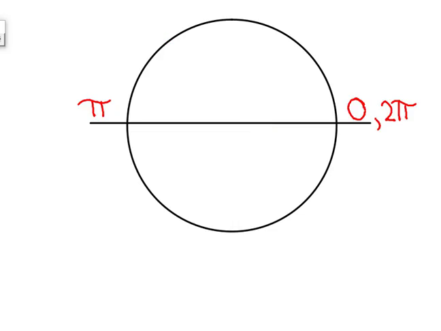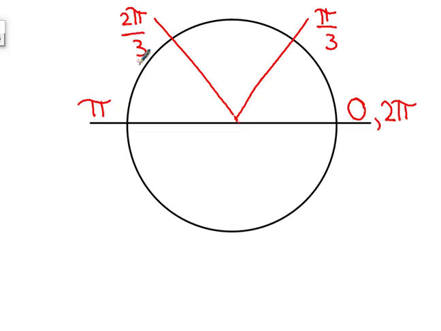If I divide that into thirds up here, what we have here is 1/3 of pi, so I'm going to write that as pi over 3. Moving another third in this direction gives me 2 pi over 3, or 2/3 of pi. So do you see pi was divided up into thirds?